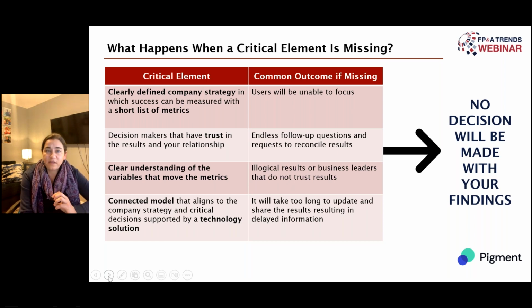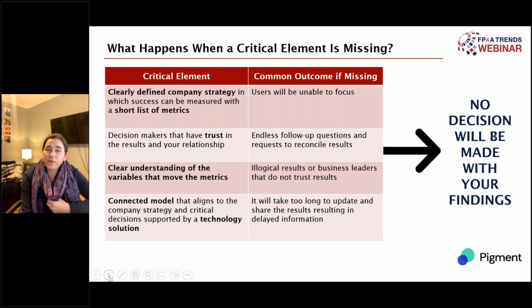It's death by 1,000 questions, the endless requests to reconcile data, in which you never get anywhere. Without a clear understanding of the metrics or the variables that move the metrics, you will end up with illogical results, or business leaders that don't trust your results since you don't understand their business.